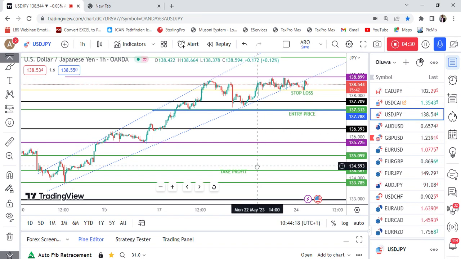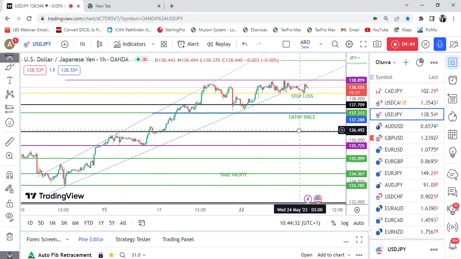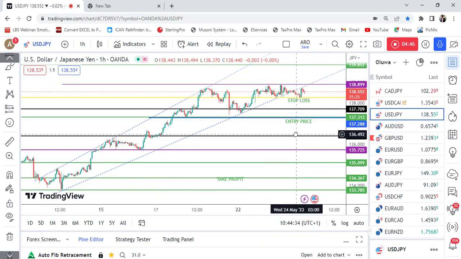Then the second thing that we need to consider is, where is the area of value? That is, where is the area that the buying pressure comes from if it is an uptrend, or where is the selling pressure coming from?